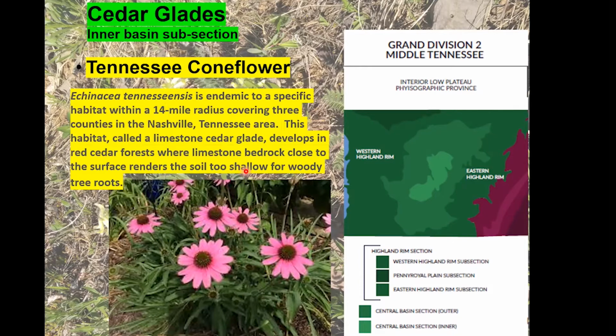I'm not sure. I think it needs a more acid soil, but it'd be good to look it up to see. They'd probably grow good in our yards. And it's a pretty neat thing to have because it is pretty native to our Tennessee area and actually native to that Cedar Glade area.